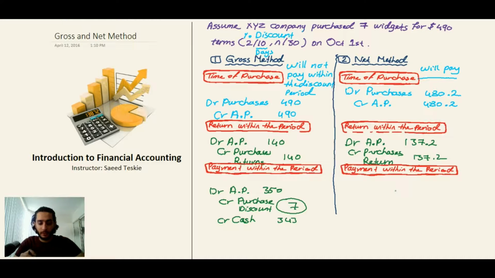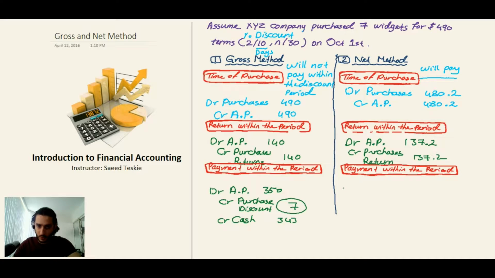Okay. If you are using the net method and we have made the payment within the period, what we will do is debit accounts payable with the amount that we have paid, and credit cash with the amount that we have paid, because we have already accounted for the purchase discounts.